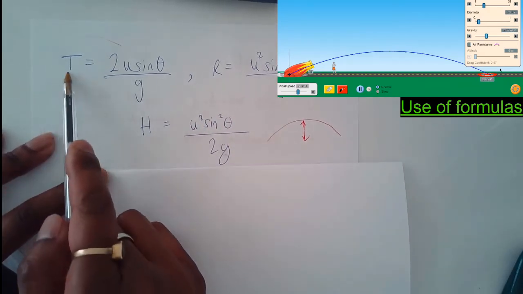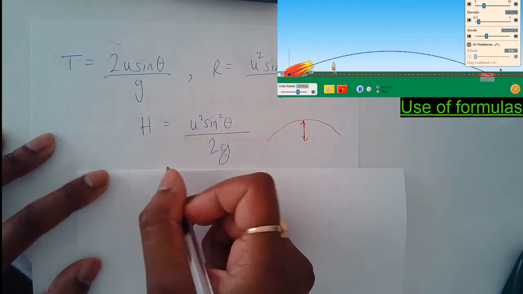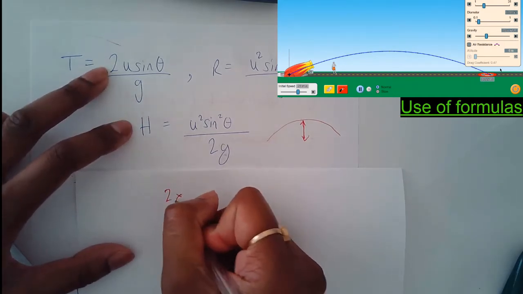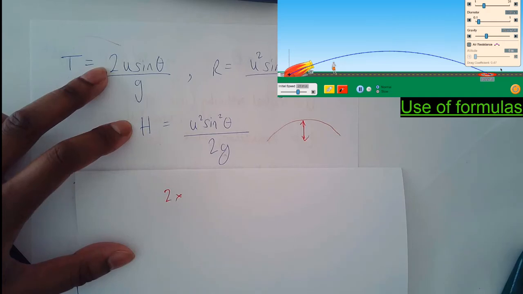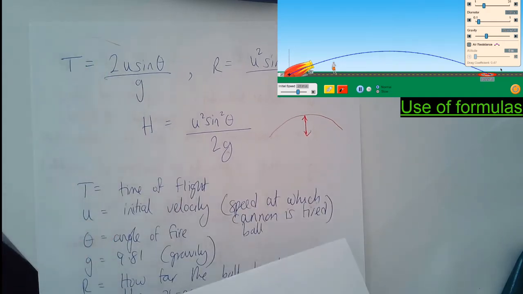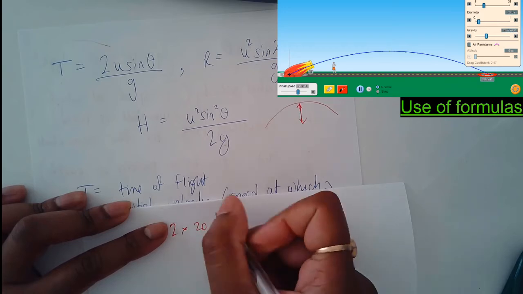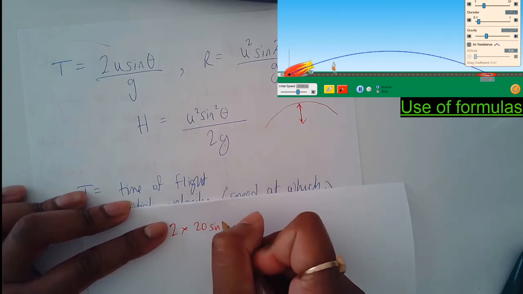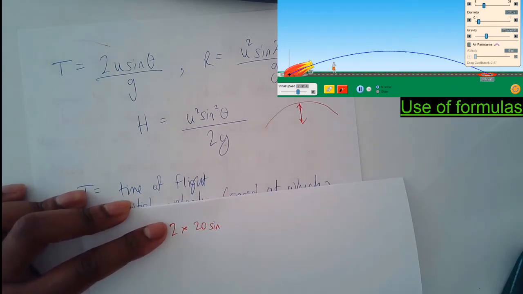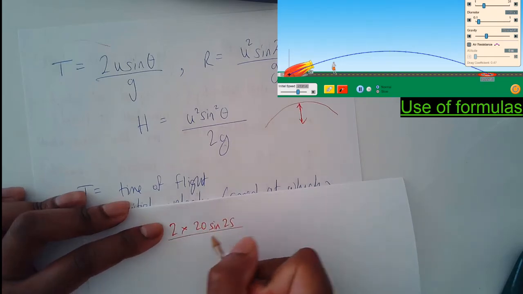So let's work out the time of flight. 2 times, what was the initial velocity we chose? The initial velocity, let's just have a quick look, was 20 meters per second. Sine theta, the angle, what did we choose? 25 degrees, over 9.81.